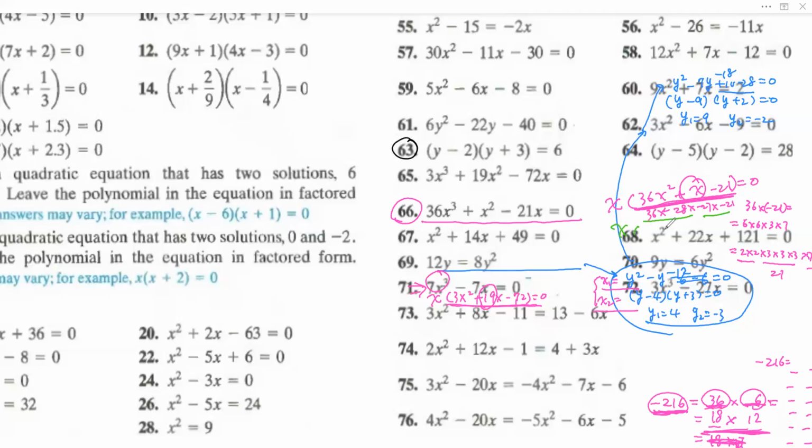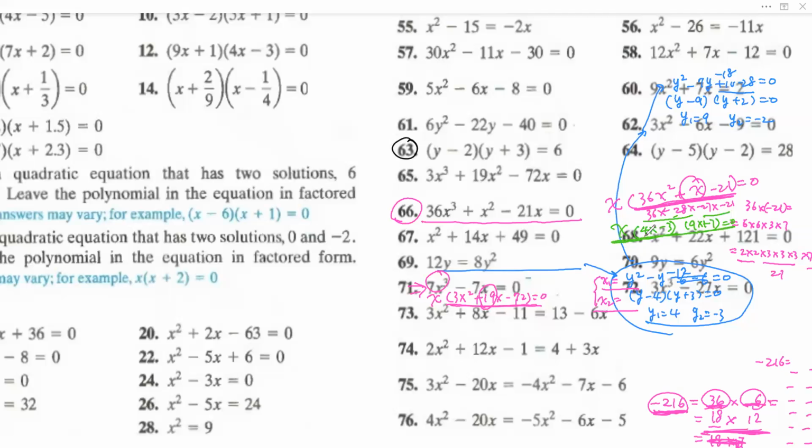So x, here you can take 4x out, and the rest is 9x plus 7. The rest is also the same, minus 3. So yeah, we found the solutions, right?